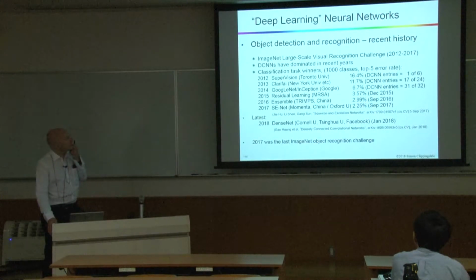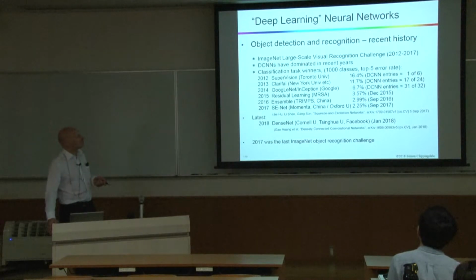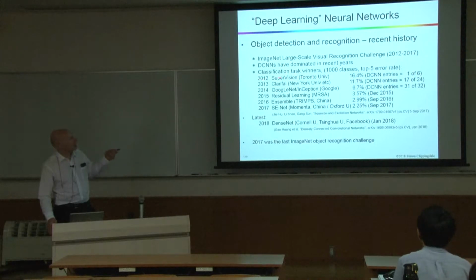Looking at the history of deep learning on object detection and recognition, there was a thing called the ImageNet Large-Scale Visual Recognition Challenge. It ran until last year, from 2012 to last year. And deep learning networks have totally dominated it in the last few years. The first time a deep learning network entered was back in 2012.